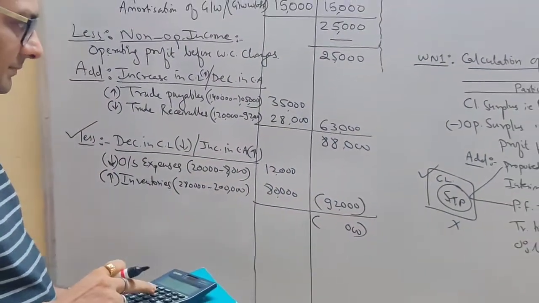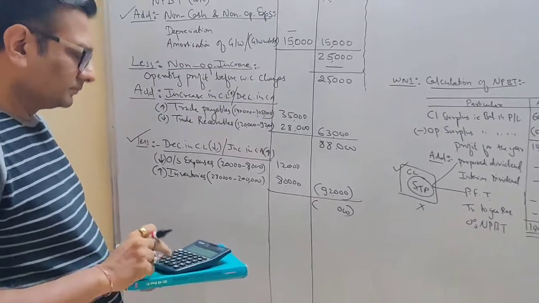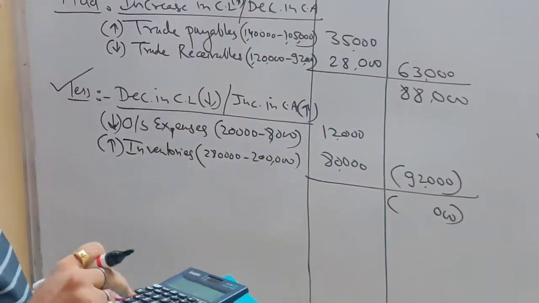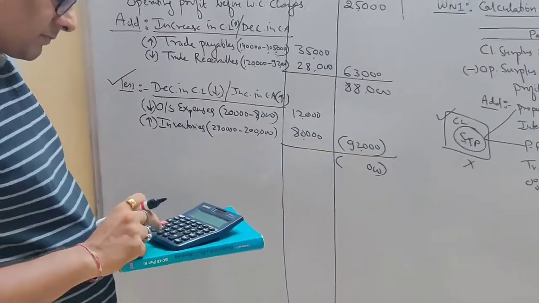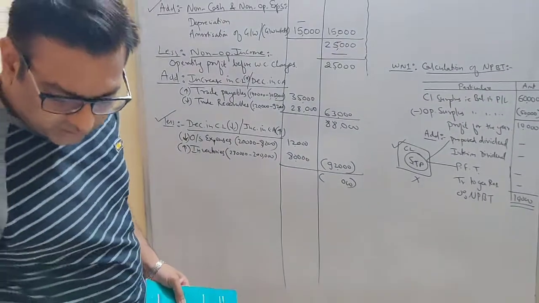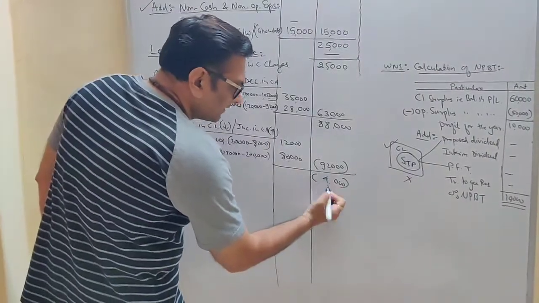It's a negative answer. So your negative answer is 4,000.